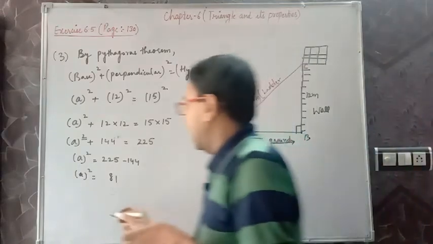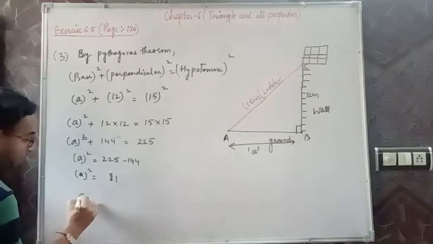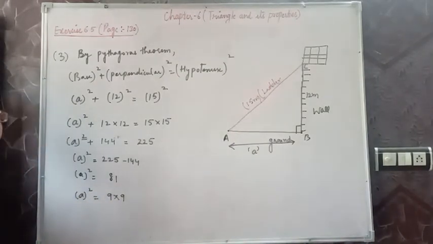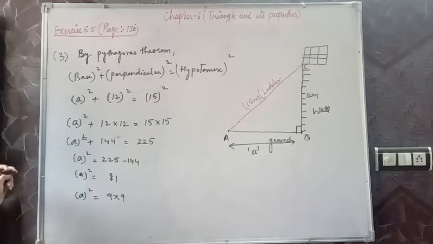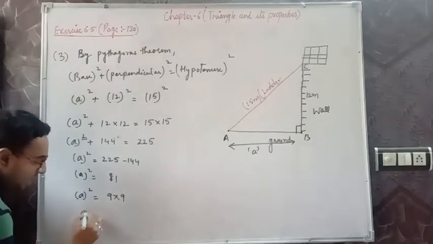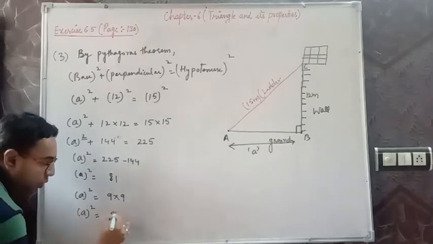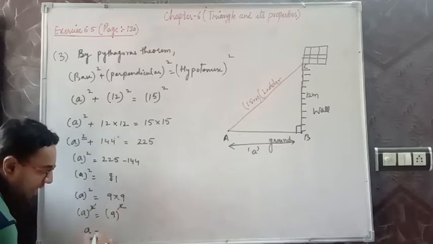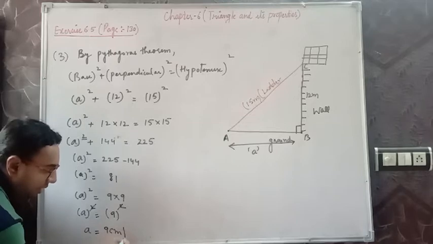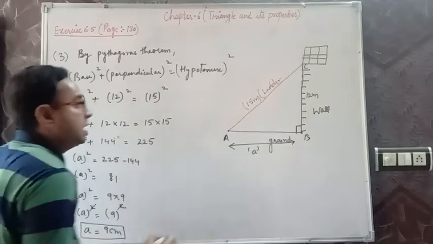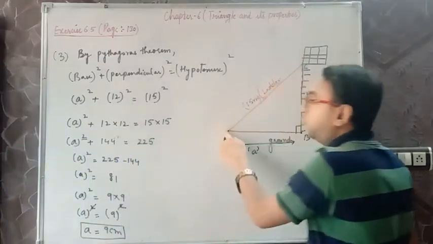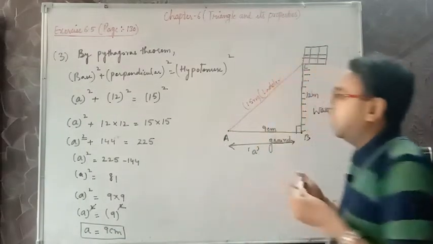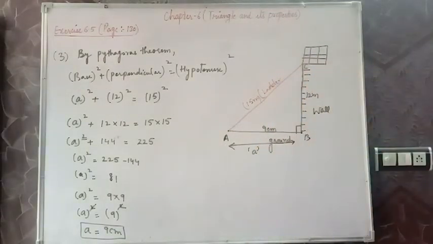Now, you know that 81 is 9 into 9, or not? 9 9s are 81. So can I write A square is equal to 9 square, because 9 is coming 2 times. Again cancelling out, I will be getting A is equal to 9 centimeter. Very easy question. Therefore, the distance of the foot of the ladder from the wall is 9 centimeter. Are we clear? This is how we will solve.